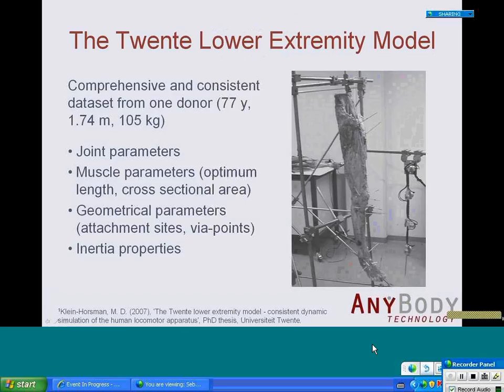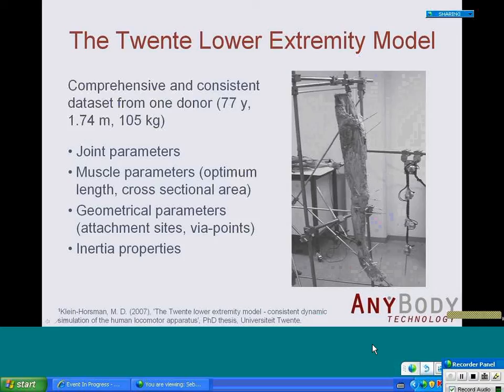This is a very good starting point for a new detailed lower extremity model, and I used almost all of this data. This is also the reason why Professor Koopman is with me today, because he was one of the supervisors of this work. So if you have any questions concerning this Twente Lower Extremity Model, please feel free to ask them. They will be answered right after the presentation.